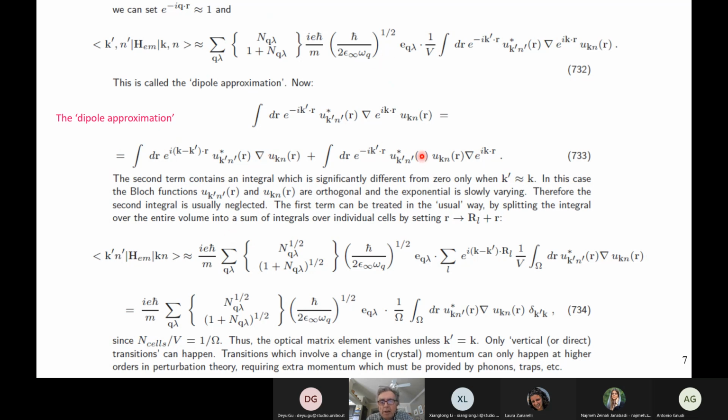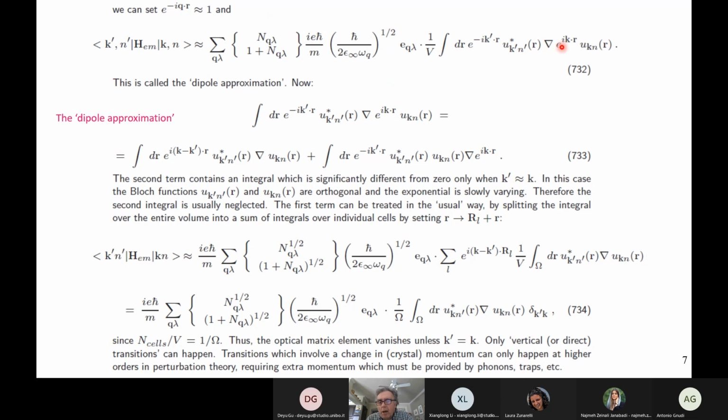So we can plug it back here. Again, we're replacing the gradient of the entire Bloch function with the gradient only of the periodic component. The advantage is that now we can restrict the integration only over a single cell, doing the usual trick that we saw many times before.